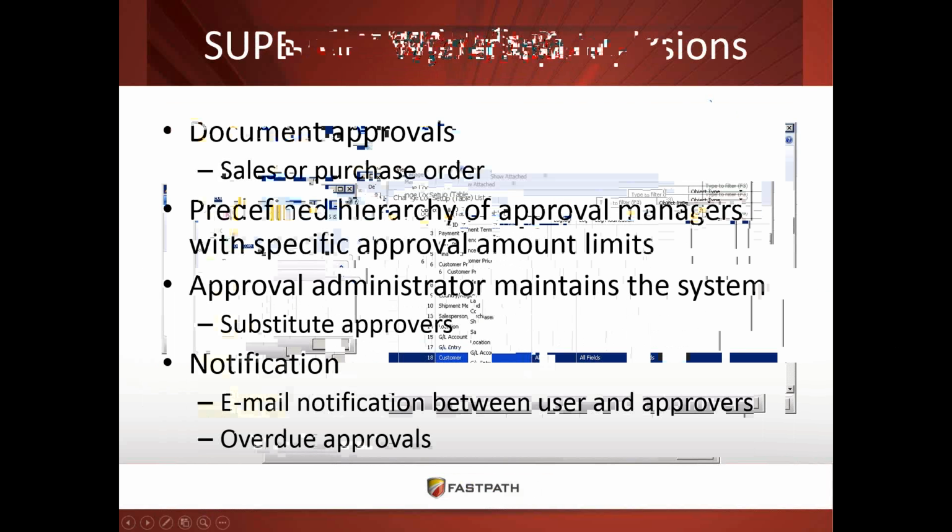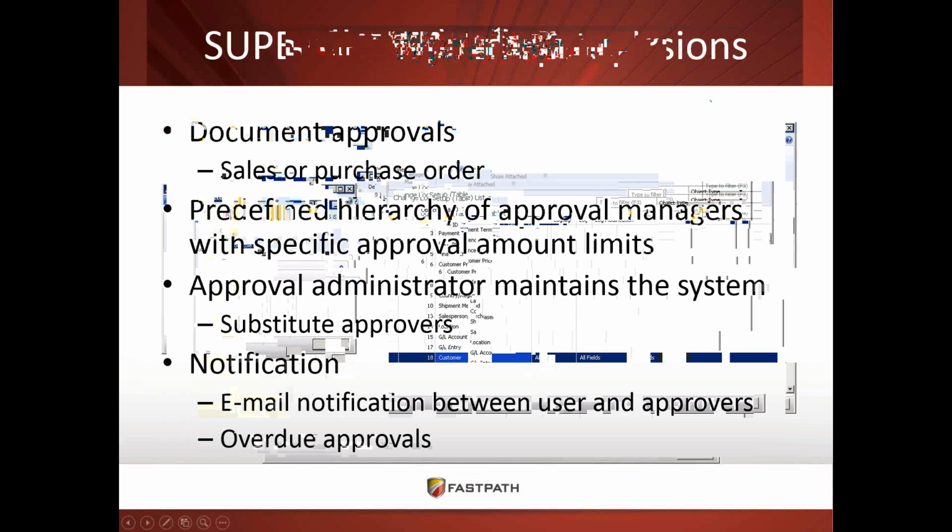So it's a good way to have a process control that can mitigate one of your segregation of duties conflicts. So you set up the hierarchy of who's going to approve them and what their approval amount limits are.